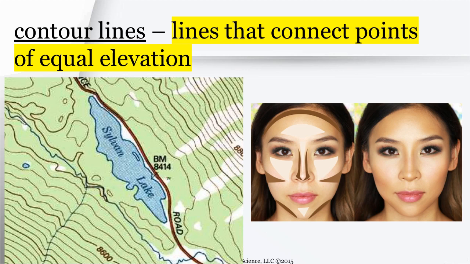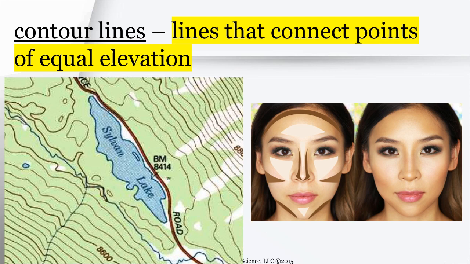Those contour lines, these little brown squiggly lines that you can see on a topographic map, normally you don't see those on a regular road map or a Google map, right? These lines show us the elevation.